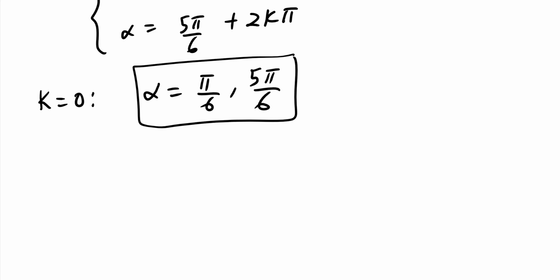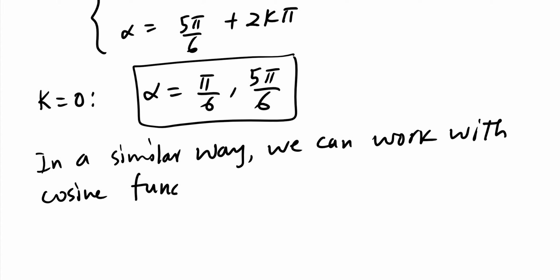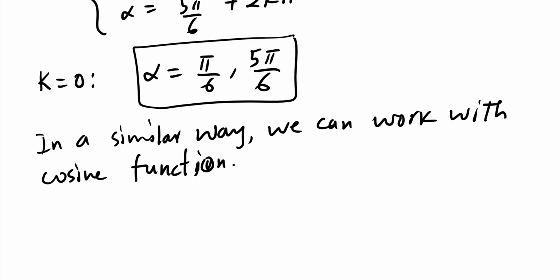What about cosine? In a similar way, we can work with the cosine function. We're not going to go through an example to prove it as I did in the previous example.